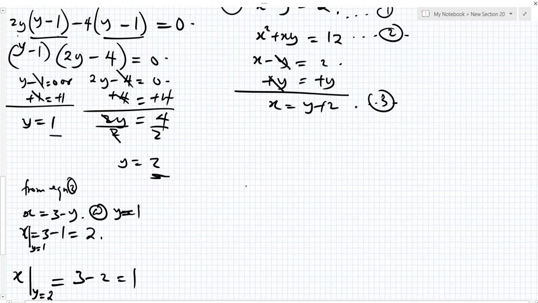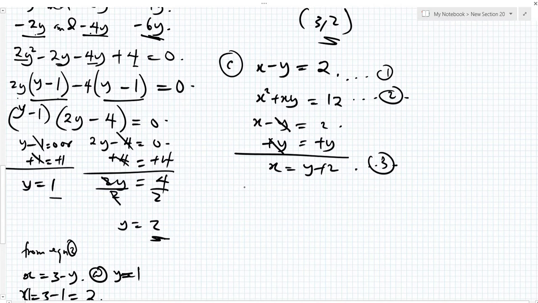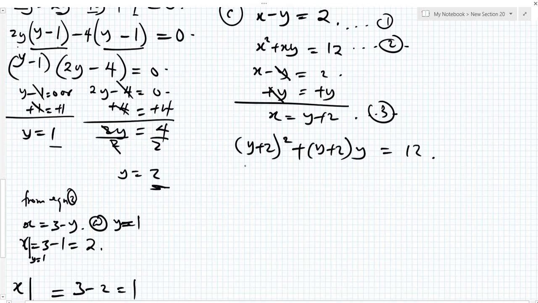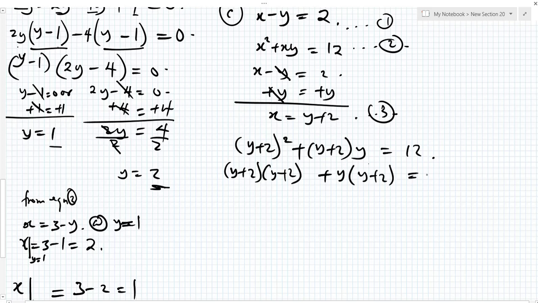Equation 3. You substitute equation 3 into equation 2. You have y plus 2 all squared plus y plus 2 times y. So having substituted x into equation 2, this is what we're going to get. Now expanding this, you have y plus 2 times y plus 2, plus y times y plus 2 equal to 12.